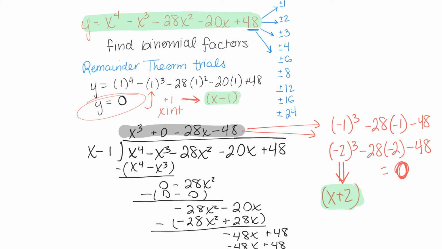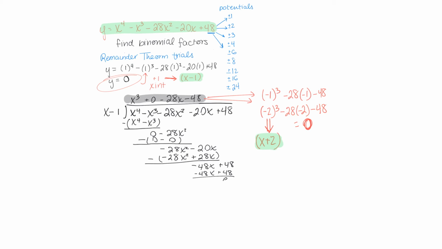Now you can divide by this. If we divide by that now, we're going to take our new polynomial, which was x cubed minus 0, don't forget your placeholder, x squared minus 28x minus 48, and you're going to divide by x plus 2.